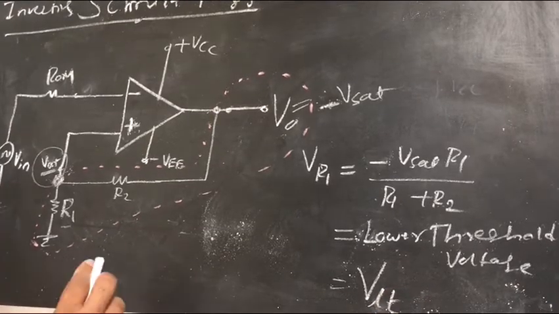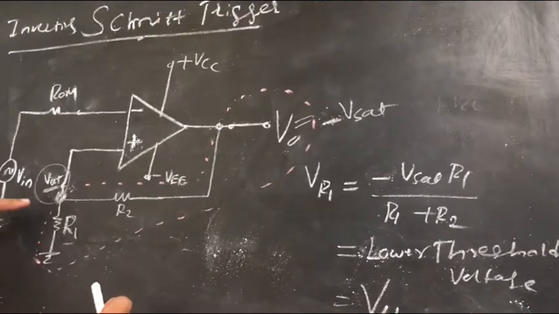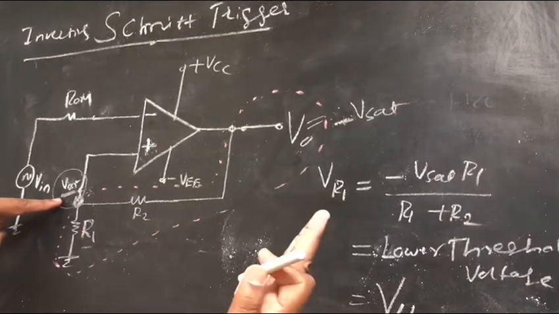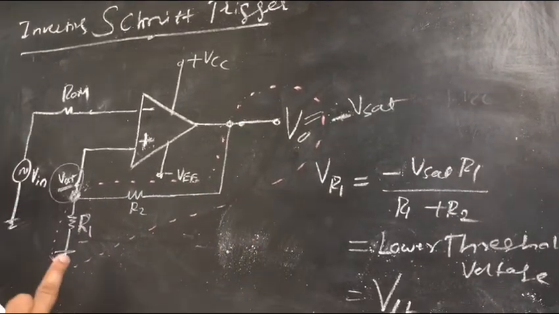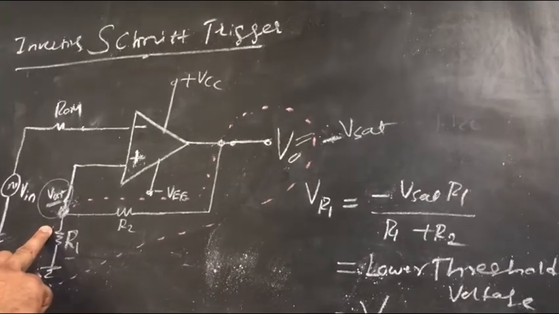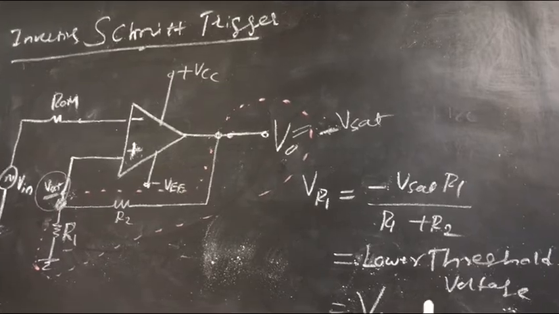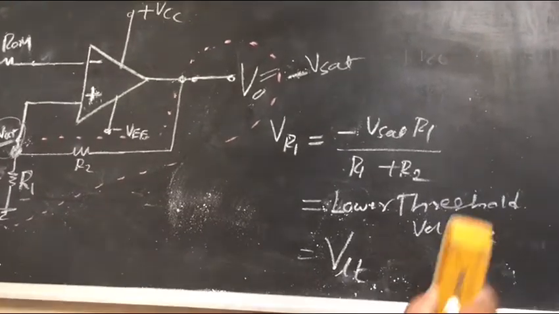Therefore, in a Schmitt trigger, we are going to get two reference voltages. One is the upper threshold voltage when Vo goes to the plus Vsat state, and when output is minus Vsat, that reference voltage is called the lower threshold voltage.